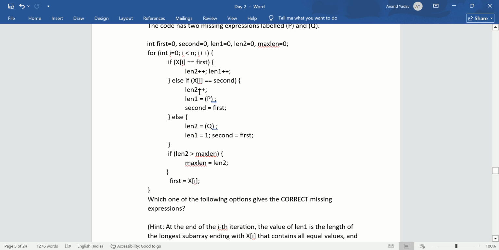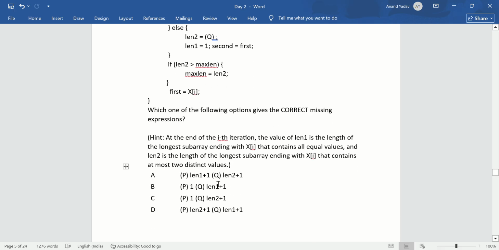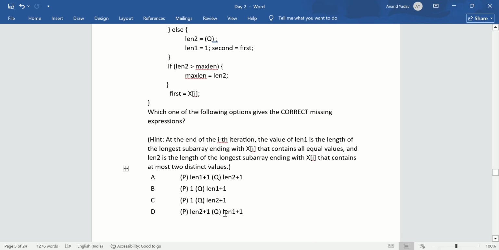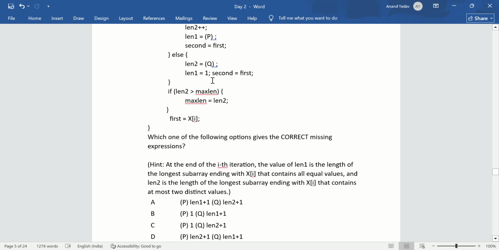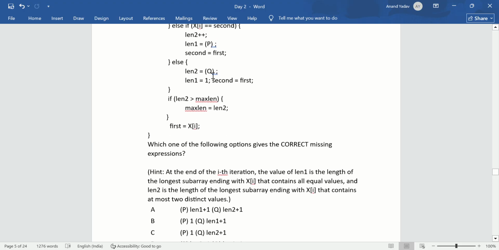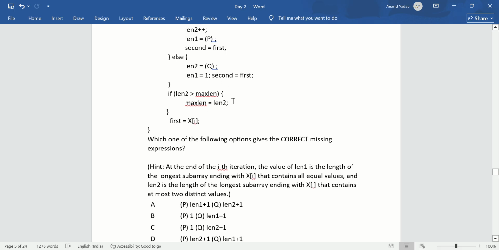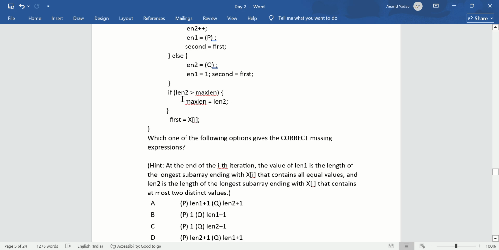If xi is not equal to first and xi is not equal to second, then this operation is performed. Length 1 is equal to 1 and length 2 is equal to length 1 plus 1, because I will calculate the max length, so I will take length 1 plus 1 as length 2, and also put second is equal to first.